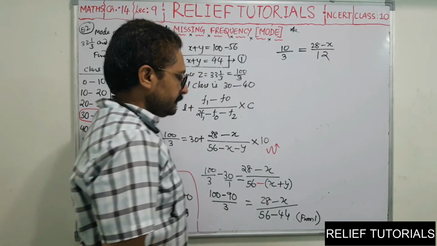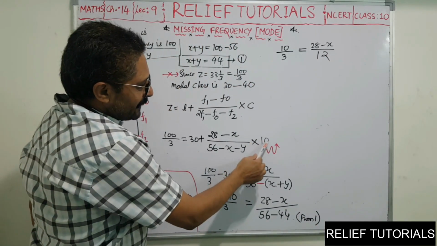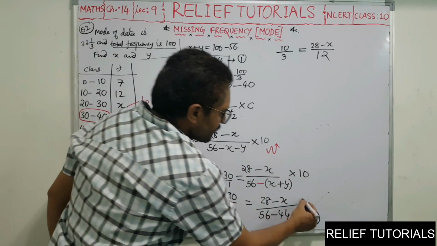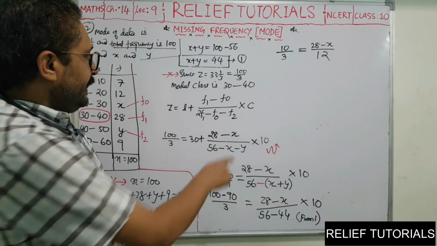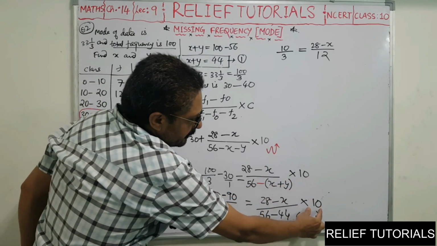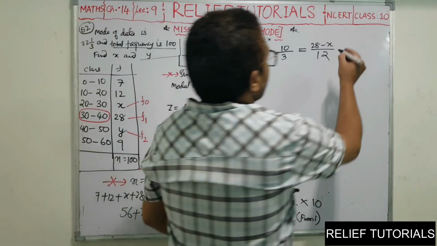So 12. Clear? One thing I am missing, I forgot to multiply with 10 here. So here you will get multiply by 10. Sorry, here also multiply by 10. Have you got it? Into C is into 10, but here I forgot. Into 10. Clear?